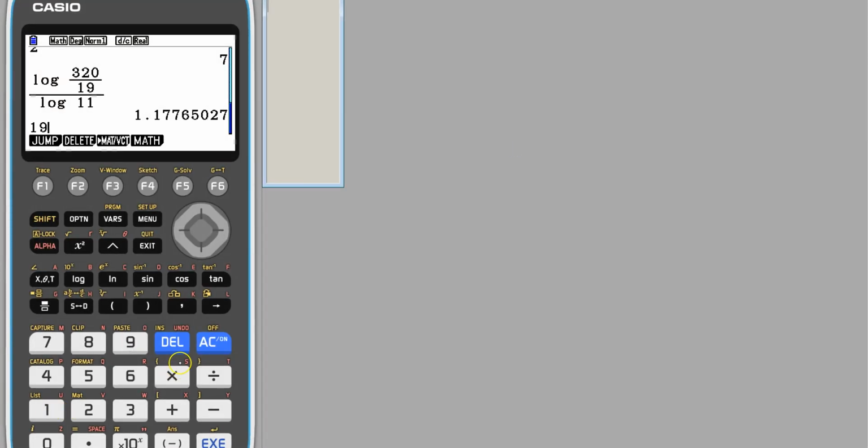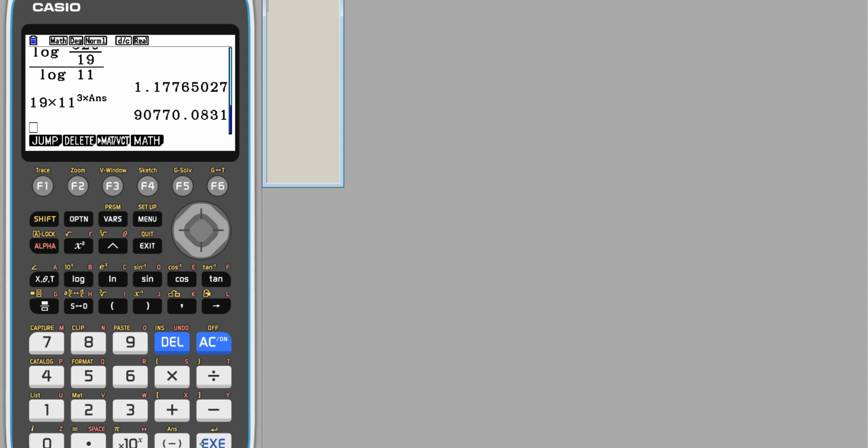So it was 19 times 11 to the 3 times. Now again, I'll use my answer key. If I actually did use 1.178, I would get an answer a little bit over 320 because I'm rounding up. But luckily for our calculators, it's all in here.